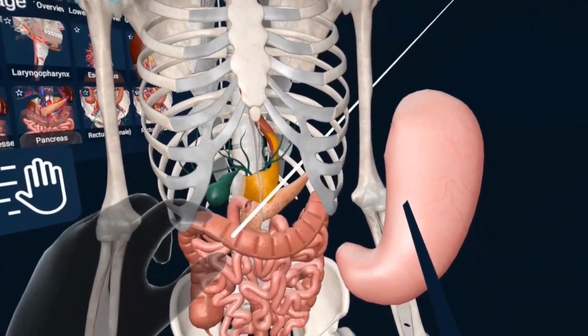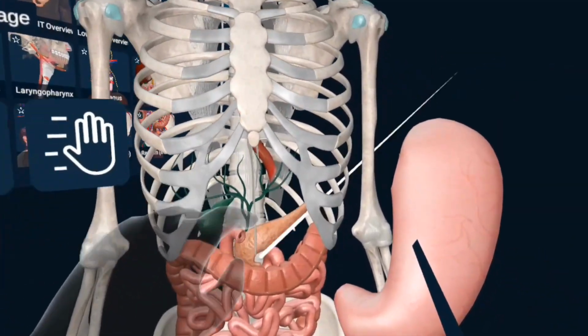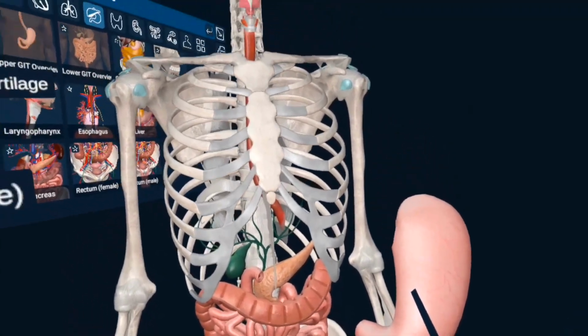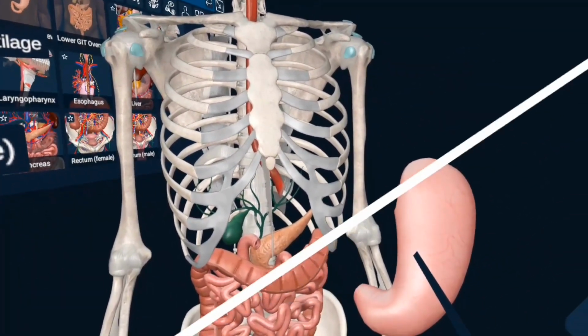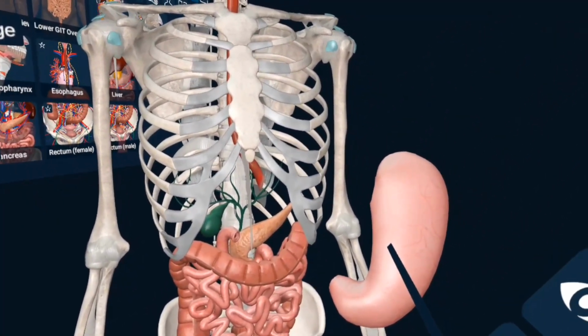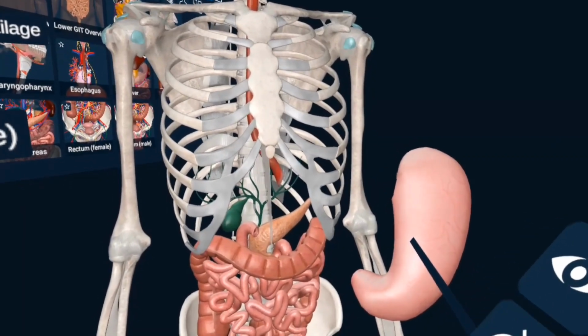It is located right over here. The upper esophageal sphincter prevents air from entering during breathing, while the lower esophageal sphincter, LES, prevents stomach acid from refluxing into the esophagus.